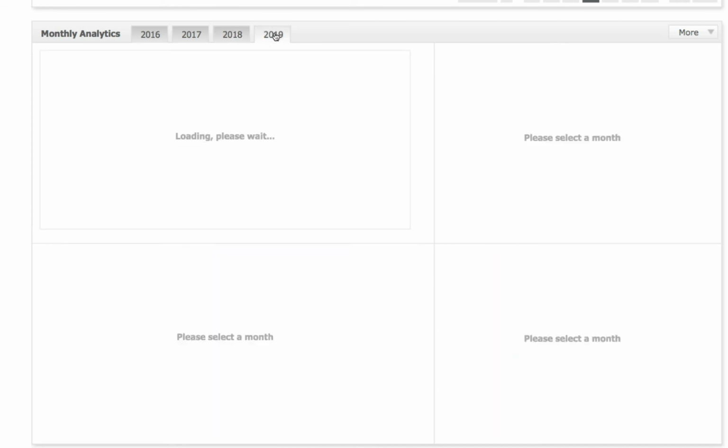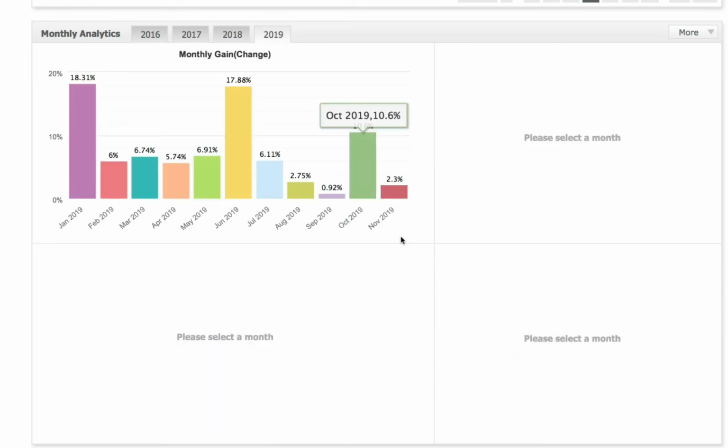So 2019, we're almost at the end of the year. January 18%, really good. February 6%. So these 4 months were very modest, very kind of slow growth, but still 6-5%, not too bad. June 17%. All right, October 10%, pretty good.